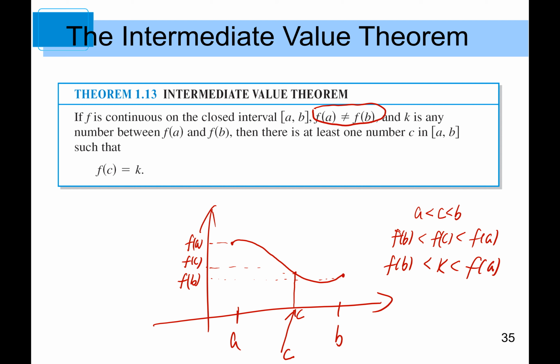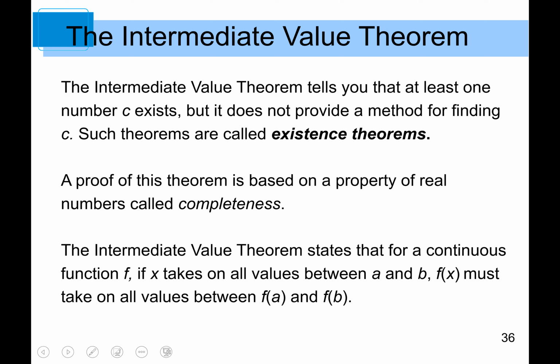Right, so this is a key feature of the intermediate value theorem. It tells you that at least one number c exists, but does not provide a method for finding c. Such a theorem is called an existence theorem.